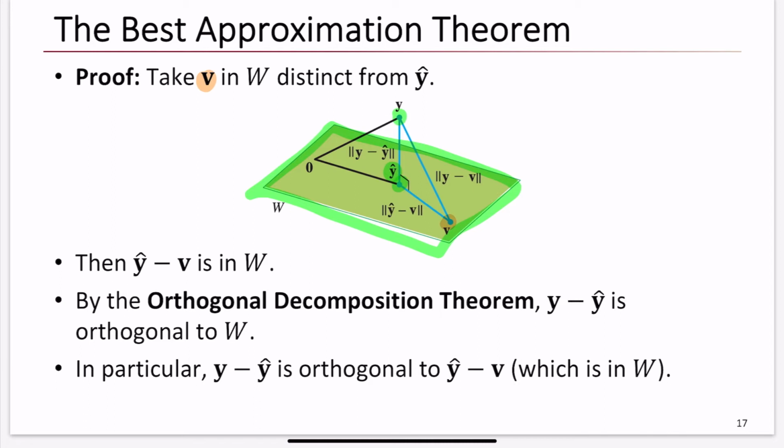What we want to do is prove that the length of y minus y hat is smaller than the length of y minus v. As you can see in this figure, you can easily say that this line is smaller than this line, much shorter than this one. But let's prove it.